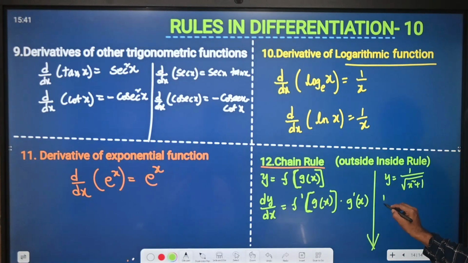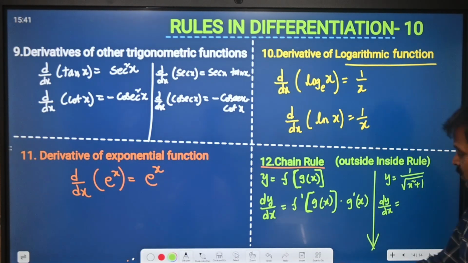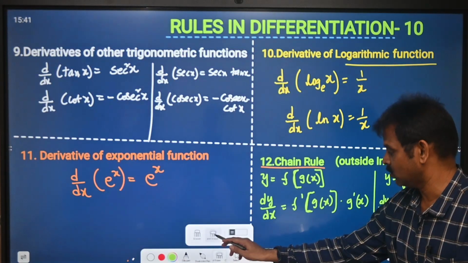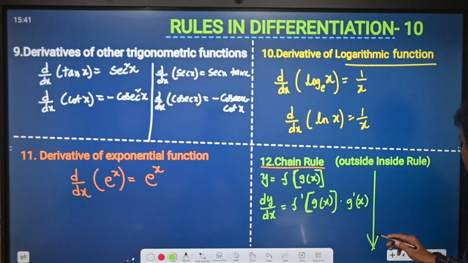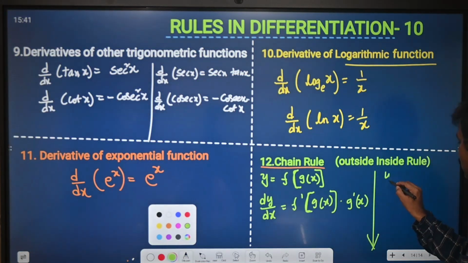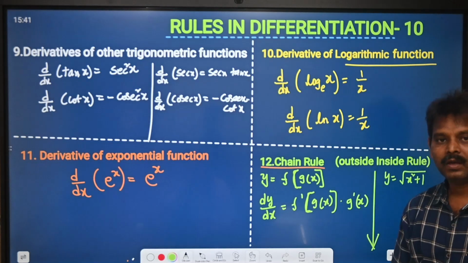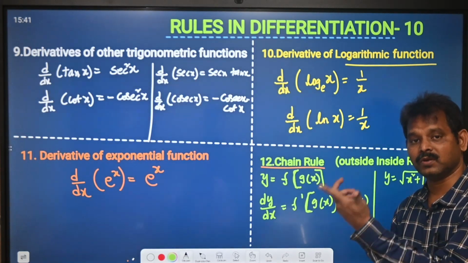The given function is y is equal to root x square plus 1. Now I want to differentiate this y with respect to x.